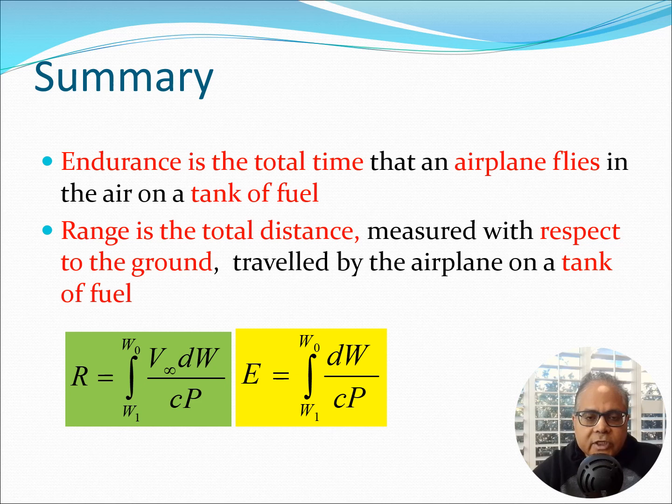Essentially, the assumption here is of course that you start with a full tank and you end up with an empty tank, and with that we get these particular integrals, and if we have these variations with respect to W, we can find these integrals from numerical integration. Remember, there are techniques such as trapezoidal rule, such as Simpson's rule, which easily let you calculate these integrals. If you have taken any kind of class on numerical analysis, then you know how to calculate these integrals.